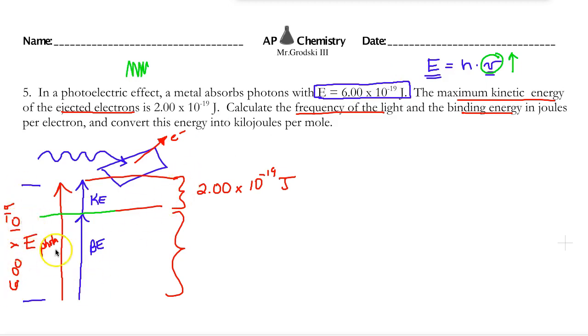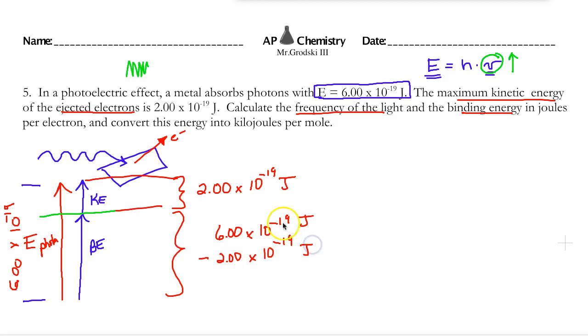So this is basically going to subtract. All I've got to do is go 6.0 times 10 to the negative 19. That's what this arrow right here represents, the energy of the photon. It exceeded the threshold, so it was enough to give the electron some energy. And basically, I'm going to subtract from that 2.0 times 10 to the negative 19, and these are both joules.